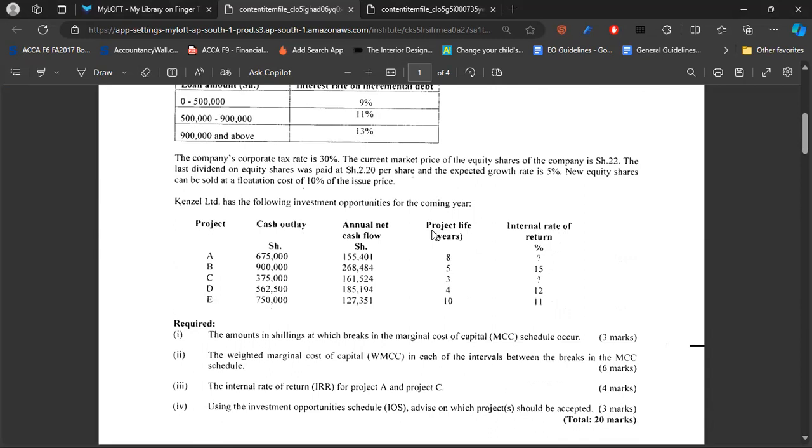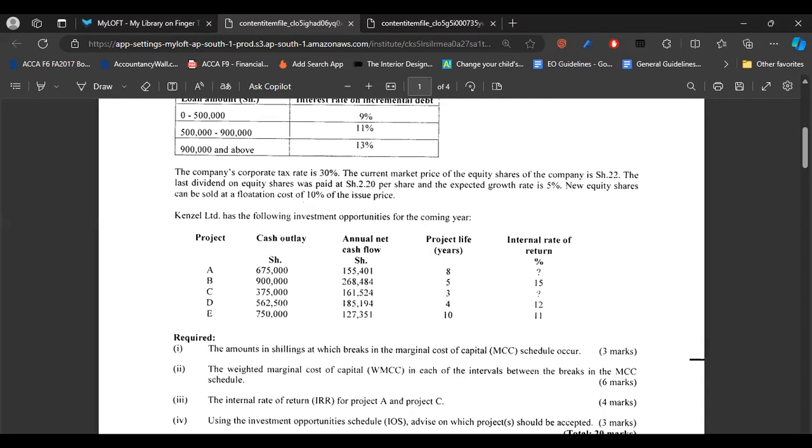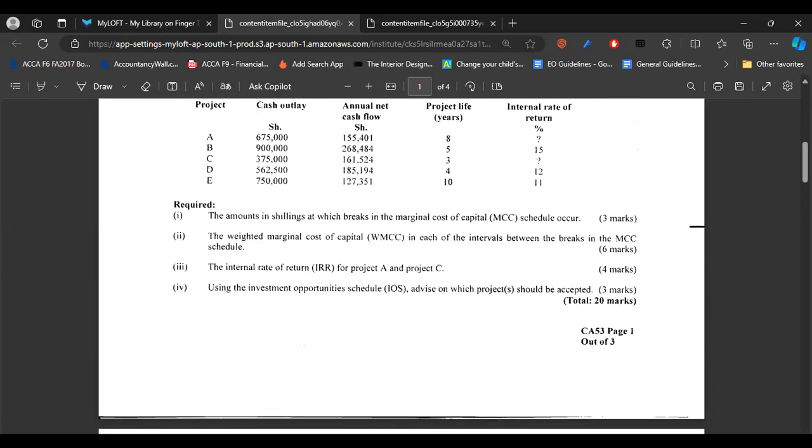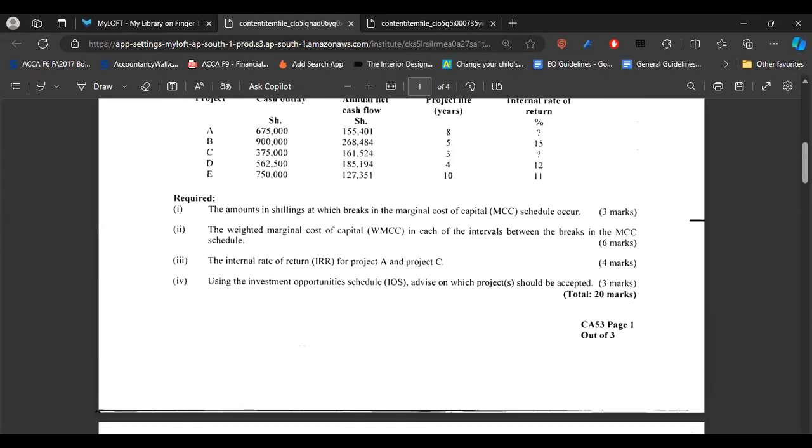Required: one, the amount in shillings at which breaks in the marginal cost of capital schedule occur; two, the weighted marginal cost of capital in each of the intervals between the breaks in the MCC schedule; three, the internal rate of return for projects A and C; and four, using the investment opportunity schedule, advise on which project should be accepted.